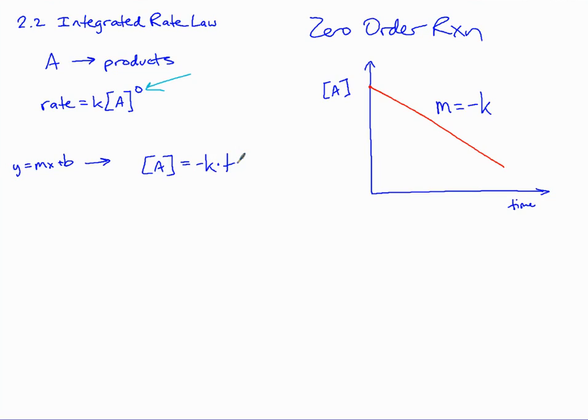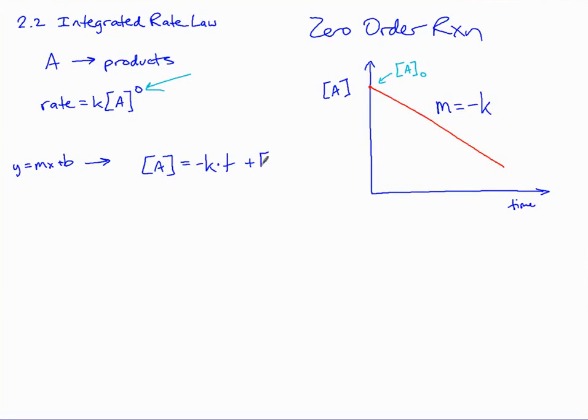And your y-intercept is at this point right here. This point is what we call the concentration of A at time 0, or the initial concentration.